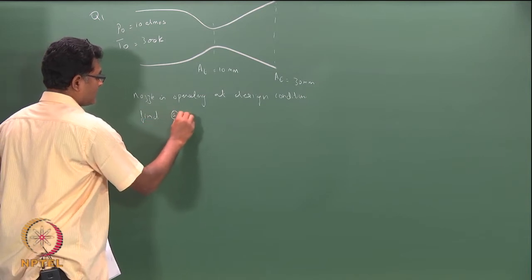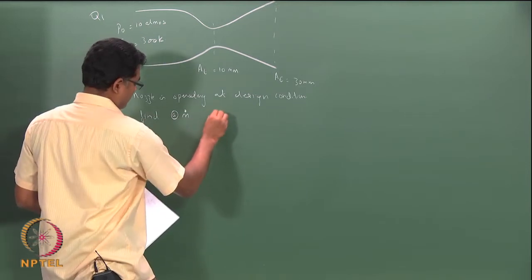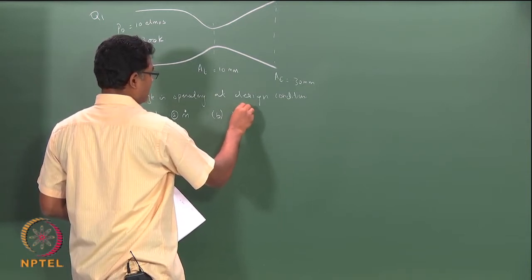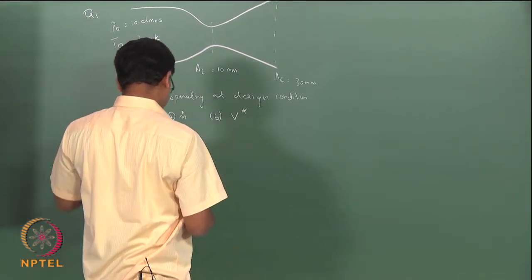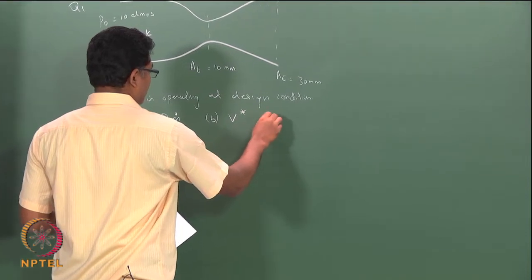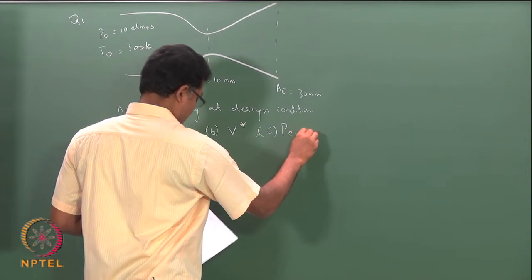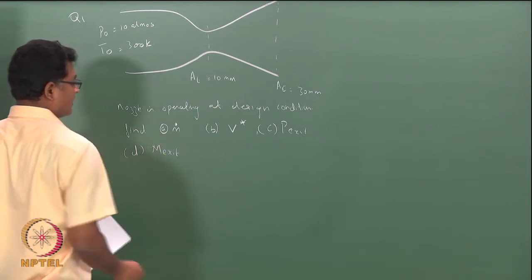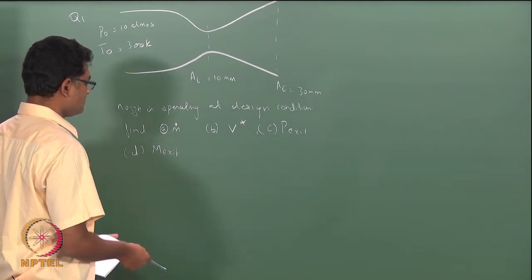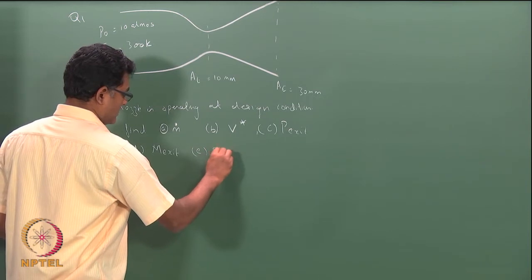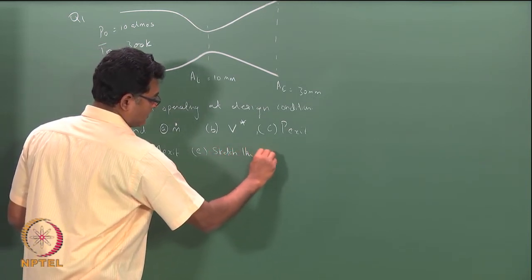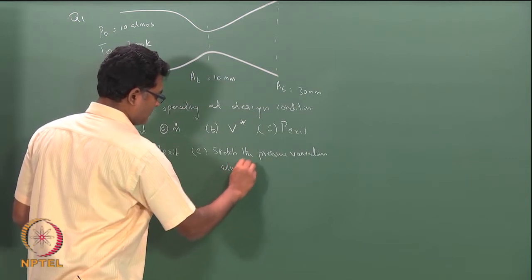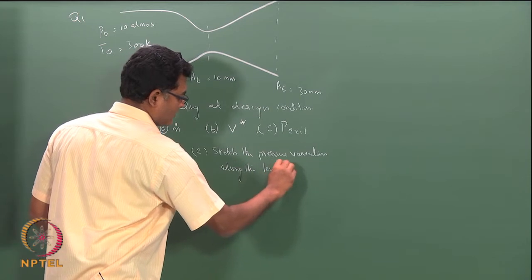Find m dot, find V star at the exit, C P exit and M exit. Length of the nozzle.